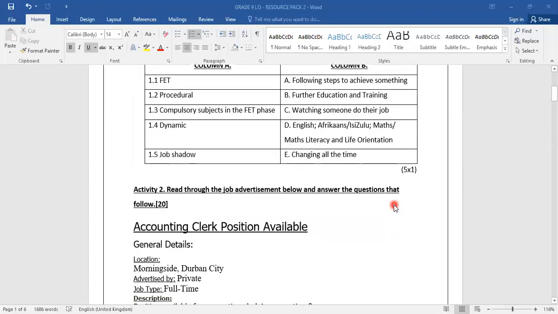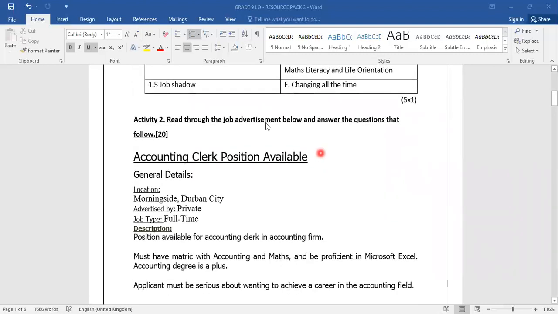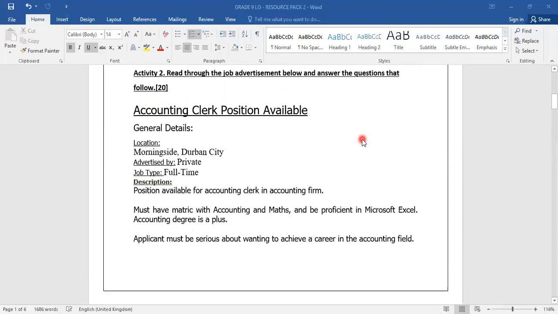Moving on to activity 2, which required you to read through the job advertisement below and answer the questions that follow. And the job title would be an accounting clerk position available.